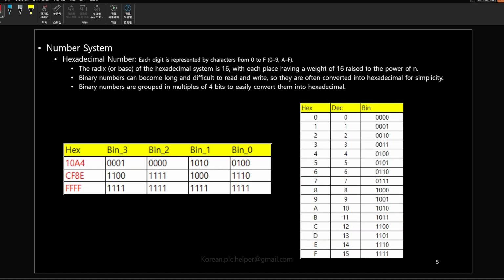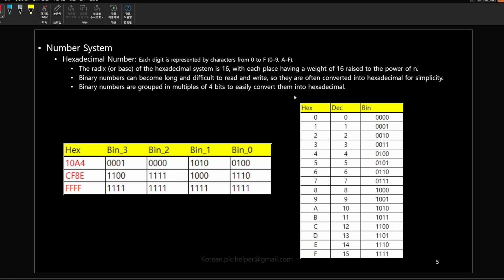Okay, next page. Next is the hexadecimal system. The hexadecimal system is composed of values from 0 to F for each digit, from 0 to 9, and from A representing 10 up to F representing 15.